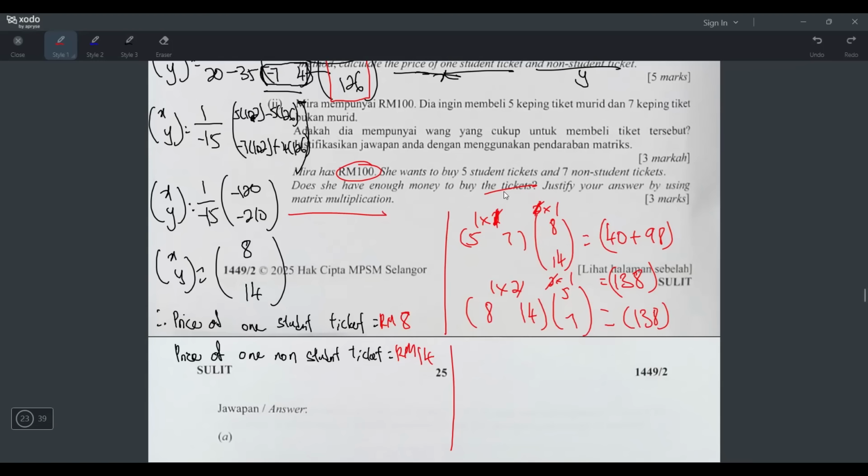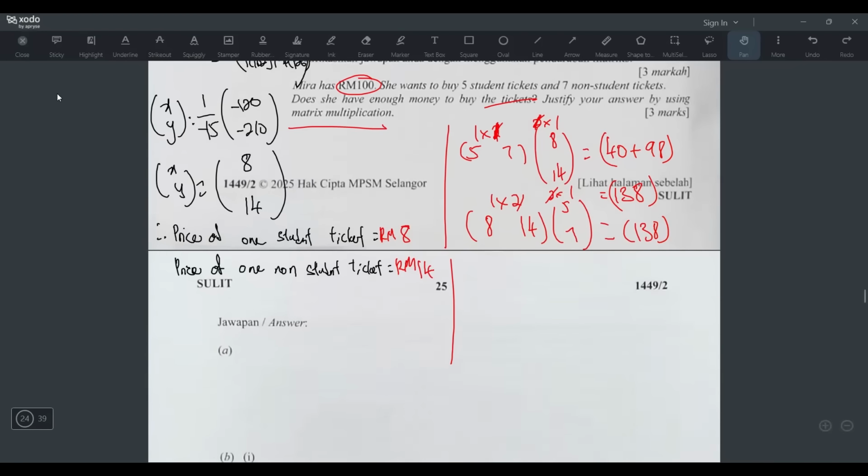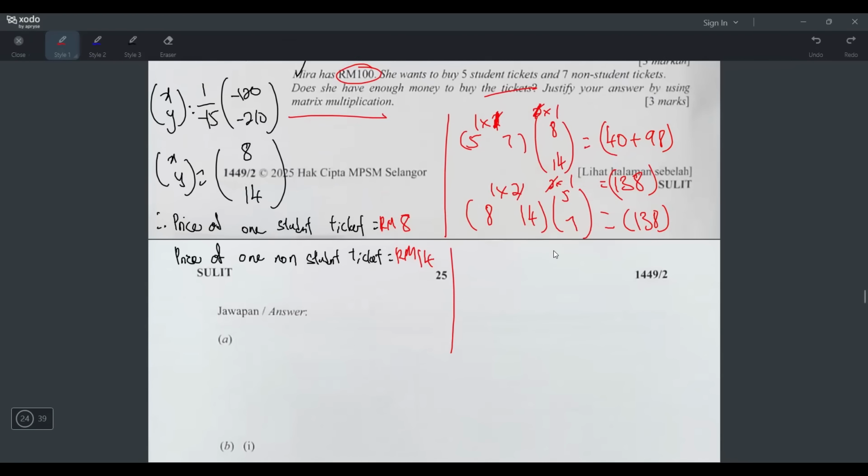Okay, so it says Mira has 100. Does she have enough? So 138, so you need to spend 138. So I write here, no. Since 138 is already more than 100, she does not have enough because she only has 100.